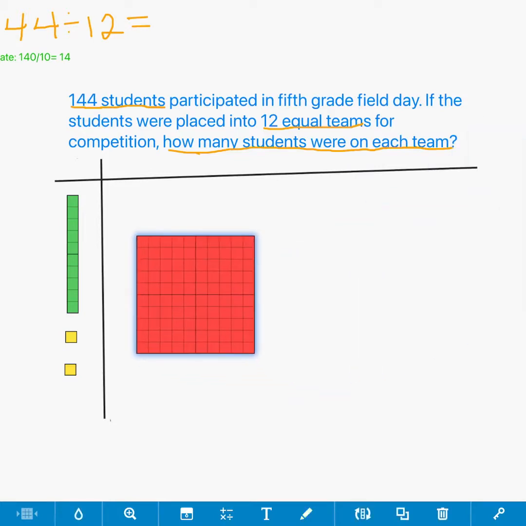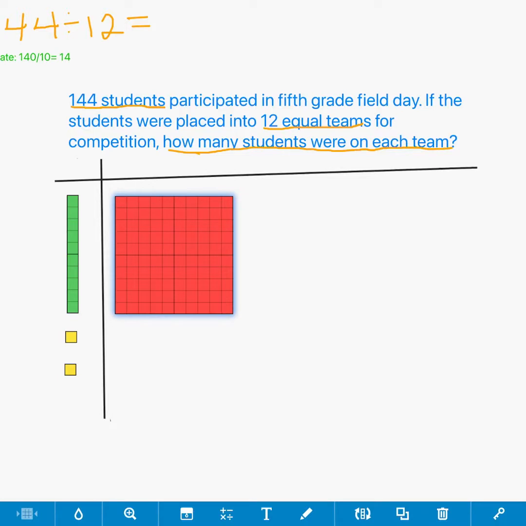Okay. So I have 100. And again, I do need to create a perfect square.